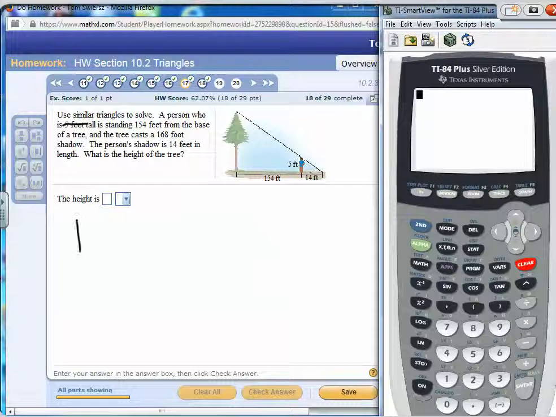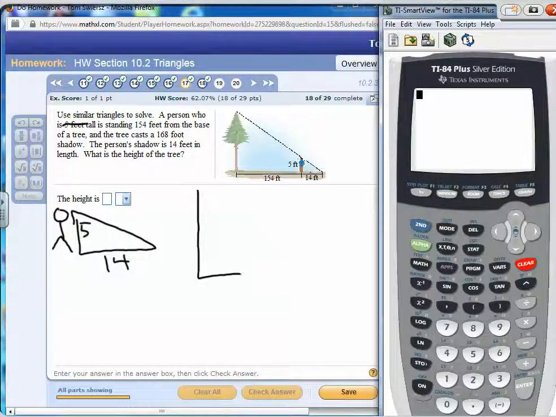So what we'll do here is we have the person is 5 feet tall, and his shadow is 14 feet. Now we want to find the height of the tree, right here, the bigger triangle, right? So here's our tree.